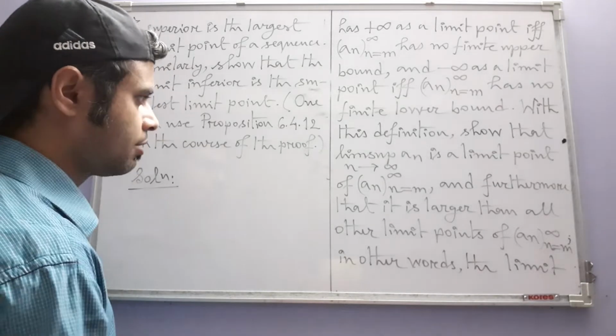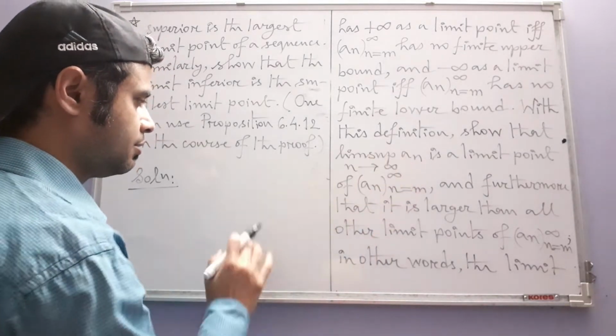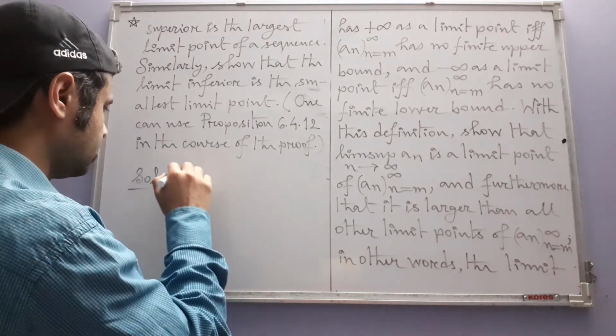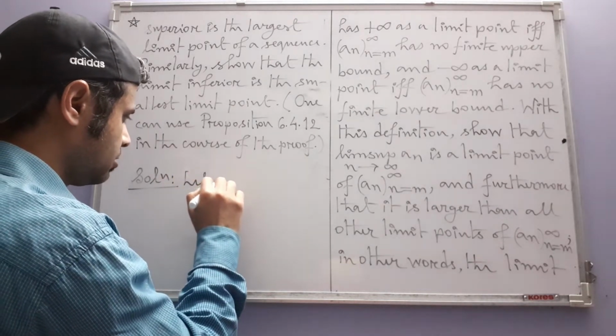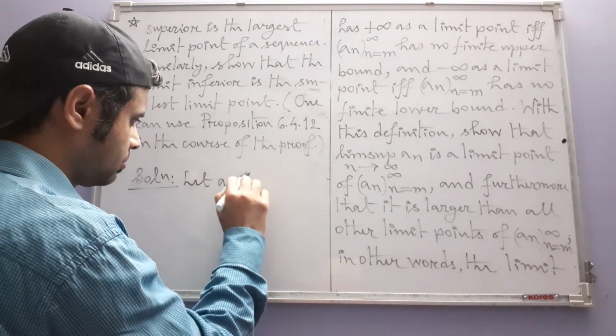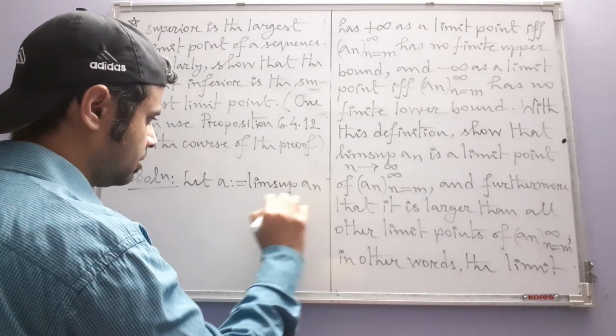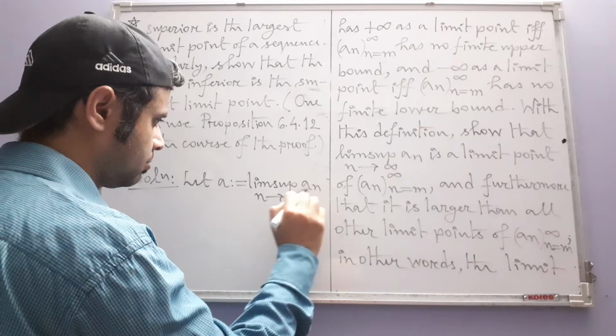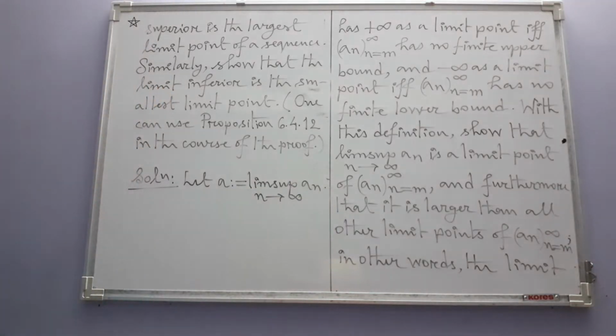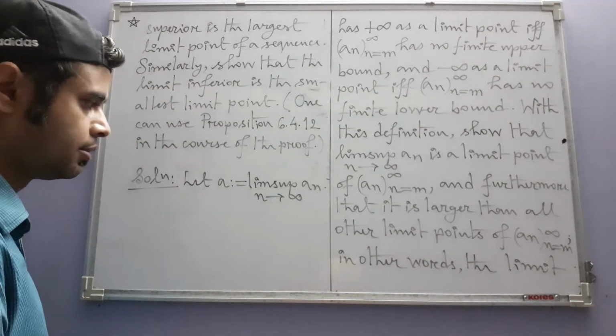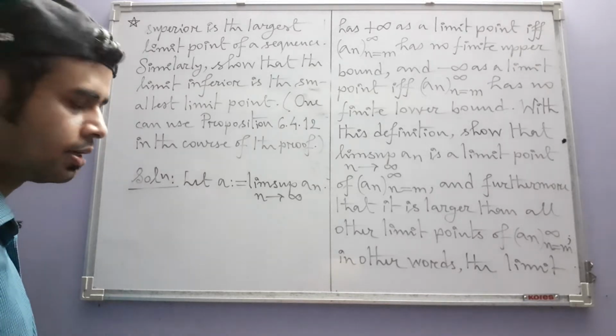In the beginning itself, for our ease of writing, we are going to denote it by something. Let A denote the limit superior of an, and if A is finite, then automatically it's a limit point.